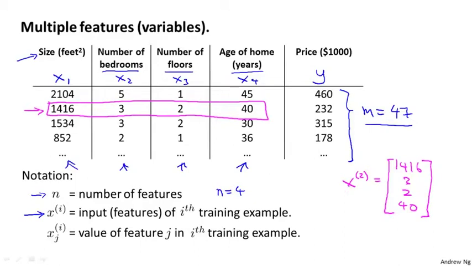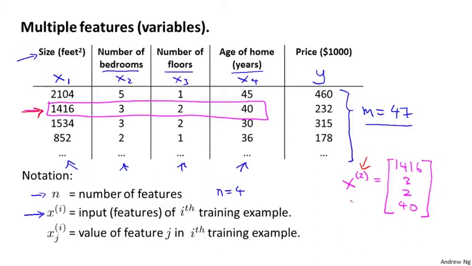So in this notation, the superscript 2 here is an index into my training set, right? This is not x to the power of 2. Instead, this is an index that says, look at the second row of this table. This refers to my second training example. With this notation, x superscript 2 is a 4-dimensional vector. In fact, more generally, this is an n-dimensional feature vector.